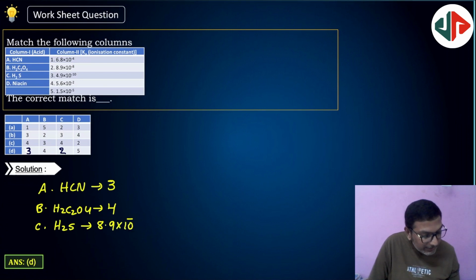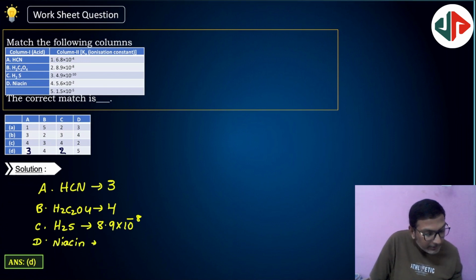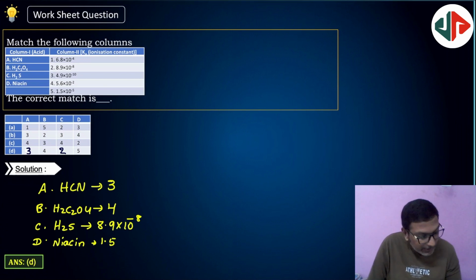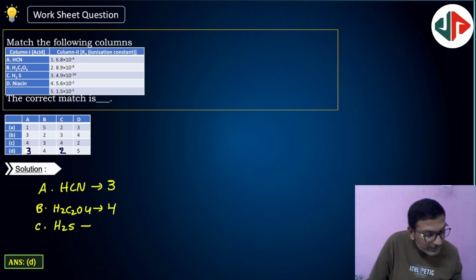8.9 into 10 power minus 8. Option D, niacin, option 5. So for H2S, option 2, and for D, niacin, option 5.